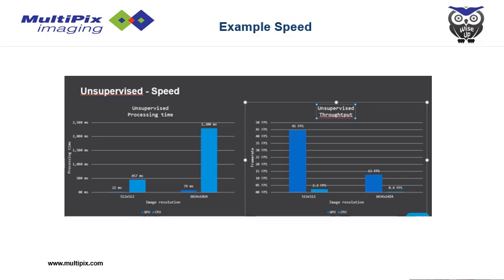You're very welcome to pause on this slide and have a look at the time differences. You can see it's several orders of magnitude. Once we get up into higher res images, you have 79 milliseconds in unsupervised versus 2 seconds, 2,000 milliseconds there. So huge differences.